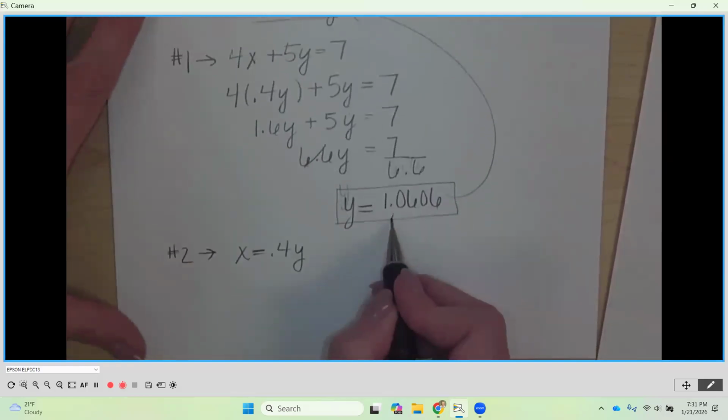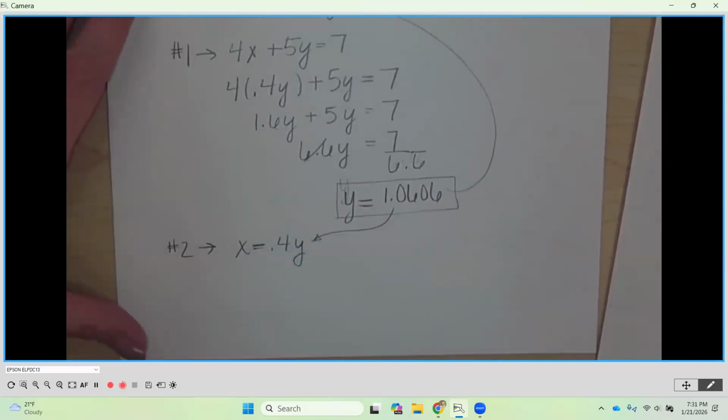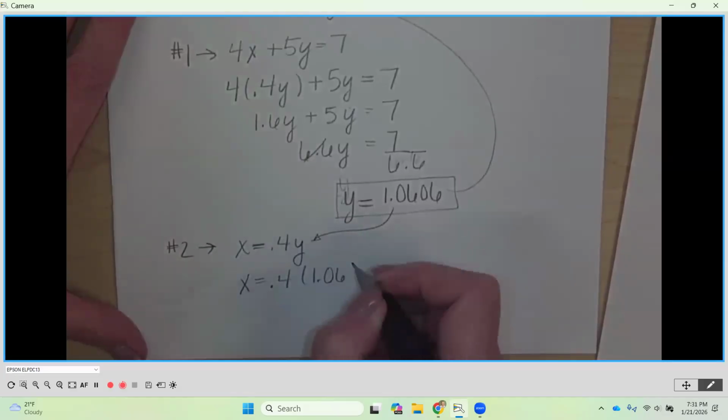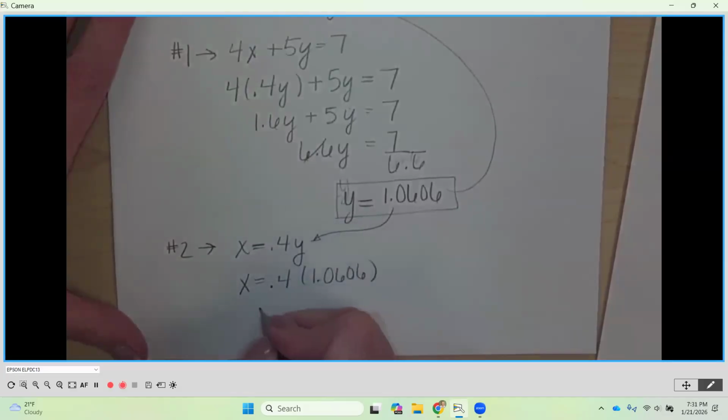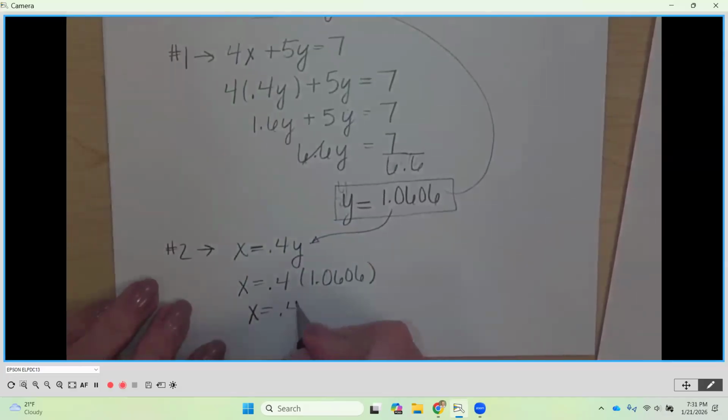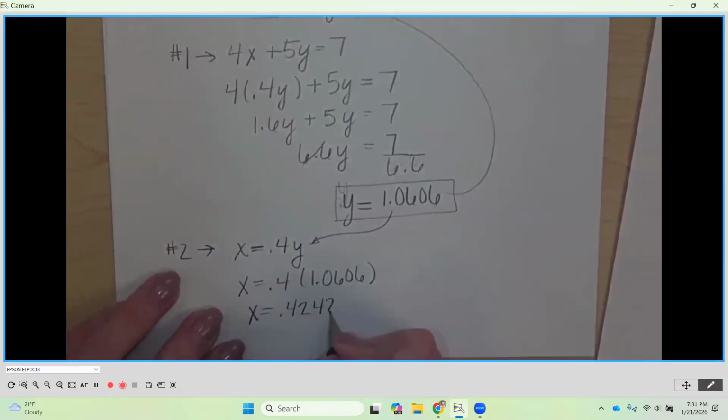And then we're going to take that 1.0606 and put it where the y is. So x is equal to 0.4 times 1.0606. And our x is going to be 0.4242.